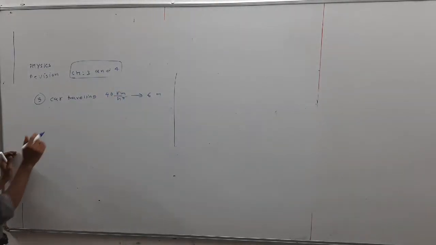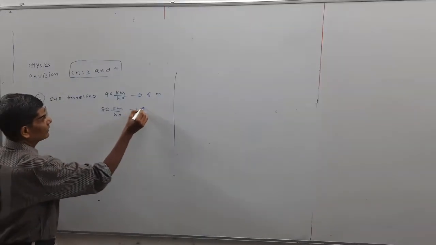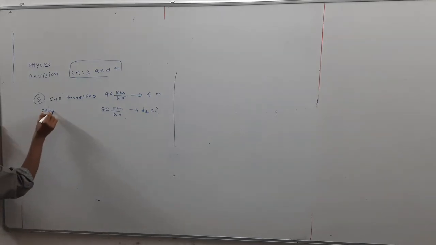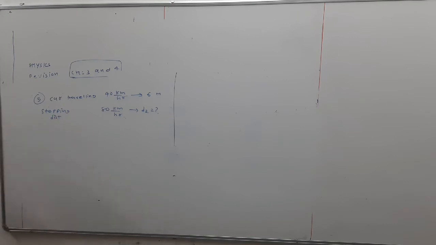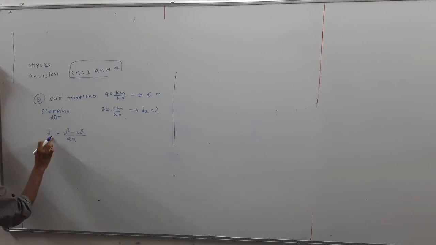Now if it were traveling at a speed of 80 km per hour, what would the stopping distance have been? Recall the formula d is equal to V square minus V0 square upon 2a.